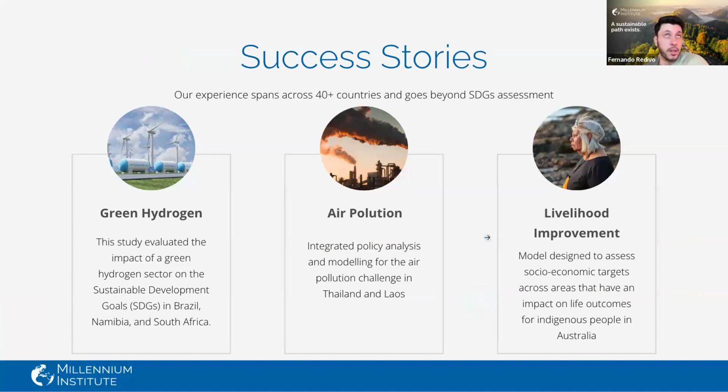We have a lot of success stories. Recently, we have the green hydrogen project, where we evaluated the impact of a green hydrogen sector on the SDGs in Brazil, Namibia, and South Africa. We also have examples where we applied the Sustainable Development Simulator for integrated policy analysis for the air pollution challenge in Thailand and Laos, and also livelihood improvement for the indigenous people in Australia.